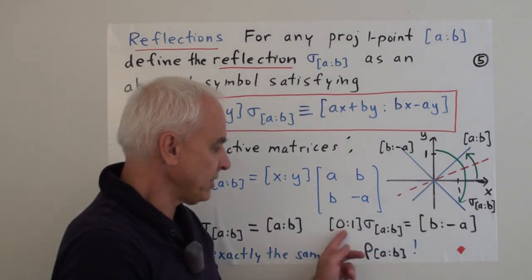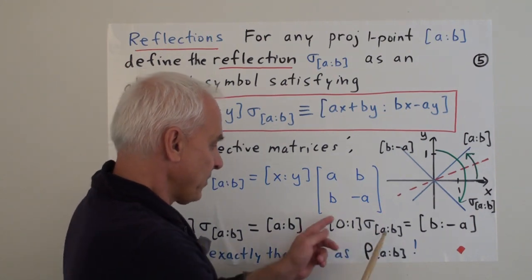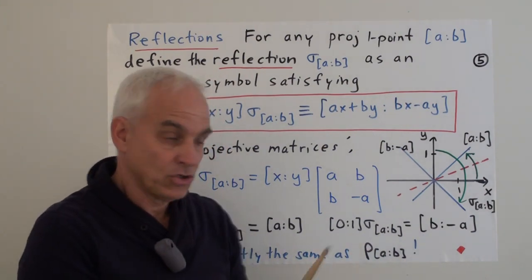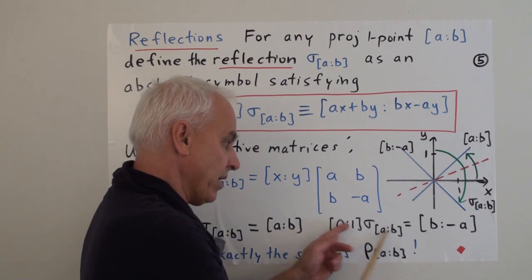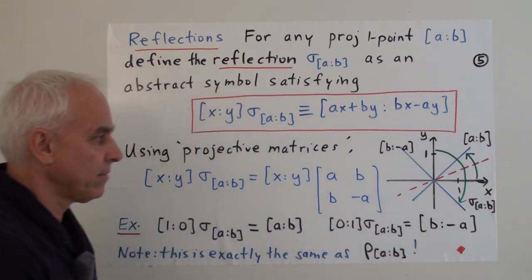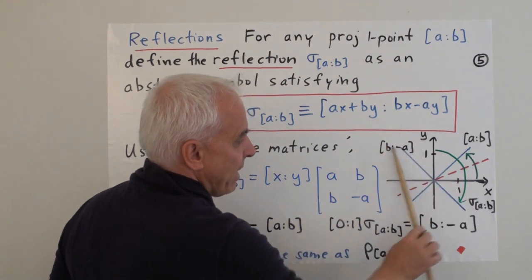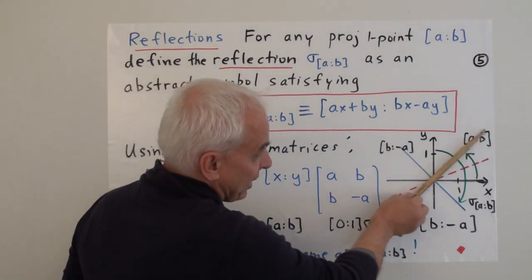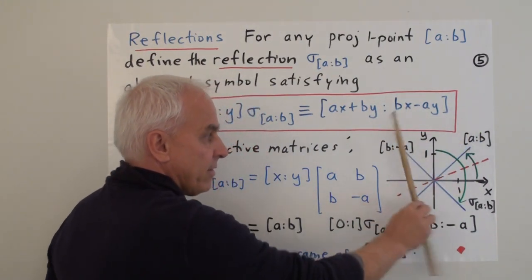If we multiply 0 to 1 times the same sigma a to b, we get 0 times a plus 1 times b, that's b, to b times 0 minus a times 1, so that's minus a. So we're getting this line here, b to minus a, which we've seen before a couple of times. This is actually perpendicular to a to b. It's the unique line that's perpendicular to the one that we started with.